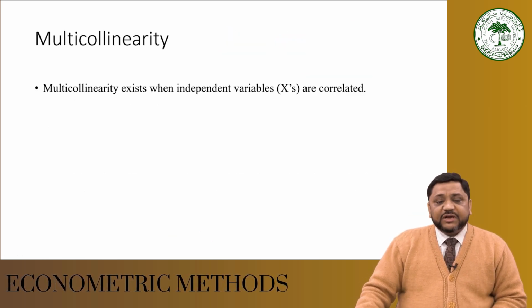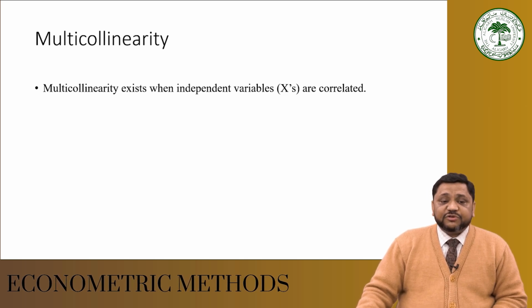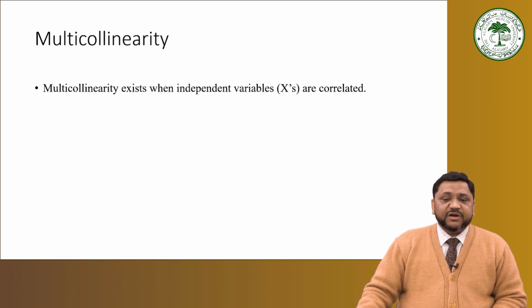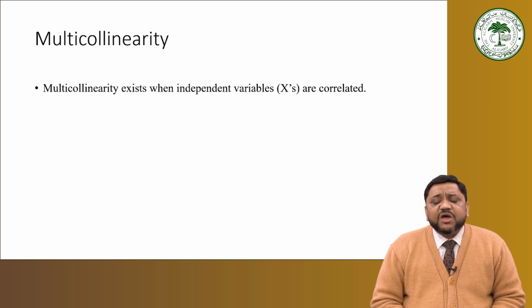So multicollinearity is a phenomenon which refers to the situation where the independent variables are correlated. It is a term used when we have more than one independent variable, obviously. This term was coined by Ragnar Frisch.